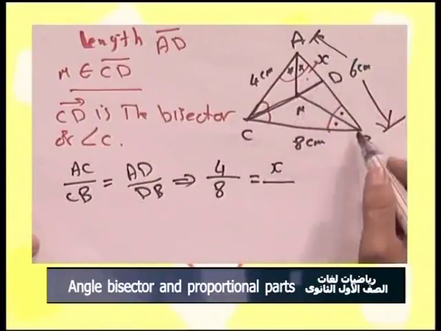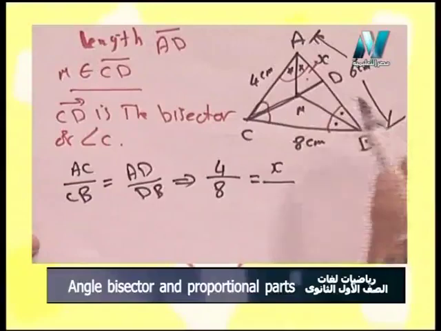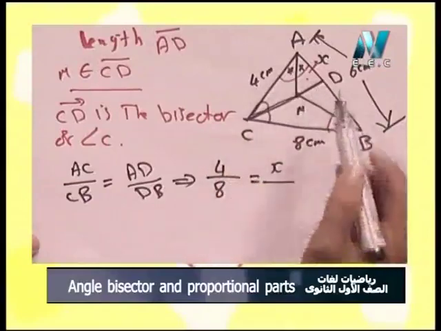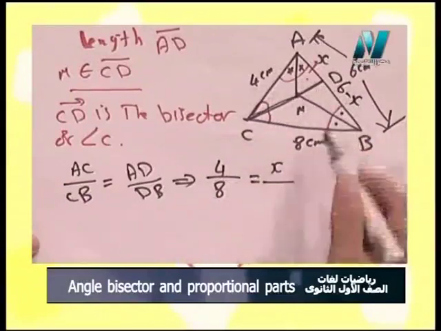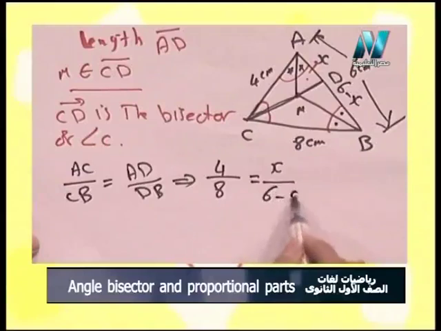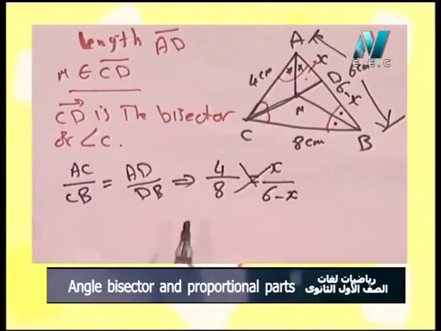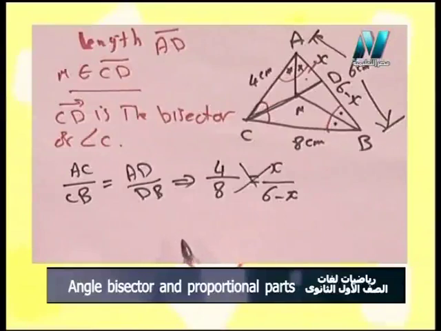We don't know it, but we know that AB here equals 6 and AD we put as X, so DB equals 6 minus X. Okay, so DB equals 6 minus X here, and by using cross multiplication we will find out the length of X, which is AD. So let's go.